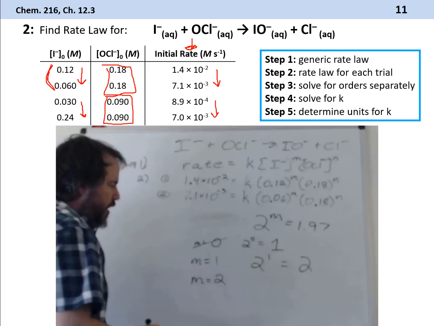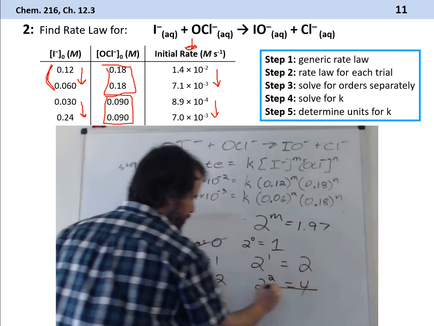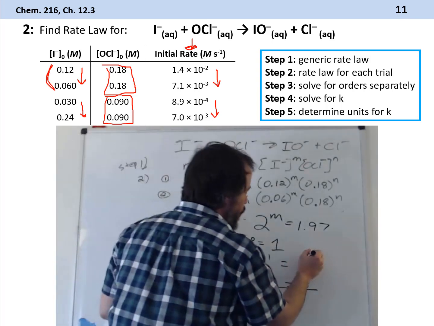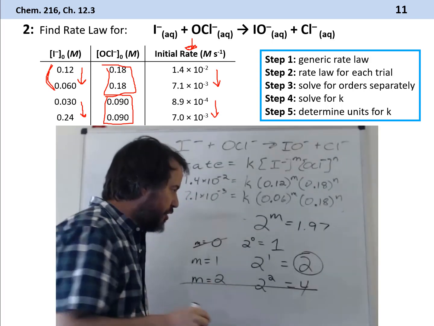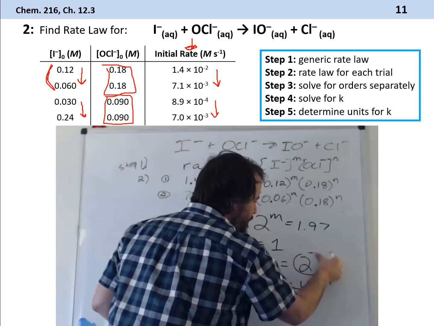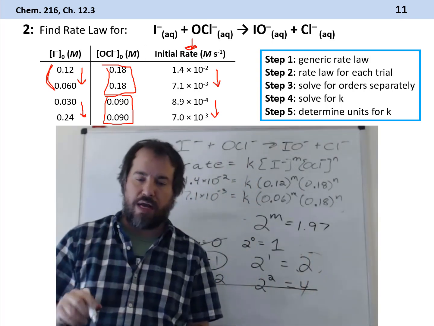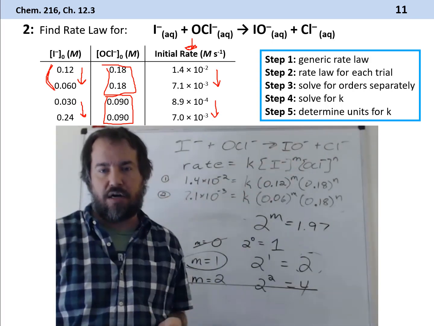Right? These are the three possibilities. 2 to the second power is going to give me 4. So I know it's not 2. So it's not 0, it's not 2, so that means it's 1. Okay? Now be careful. This doesn't mean m is equal to 2. What it means is m is equal to 1. Right? So the fact that m is equal to 1, I can now plug that in there.